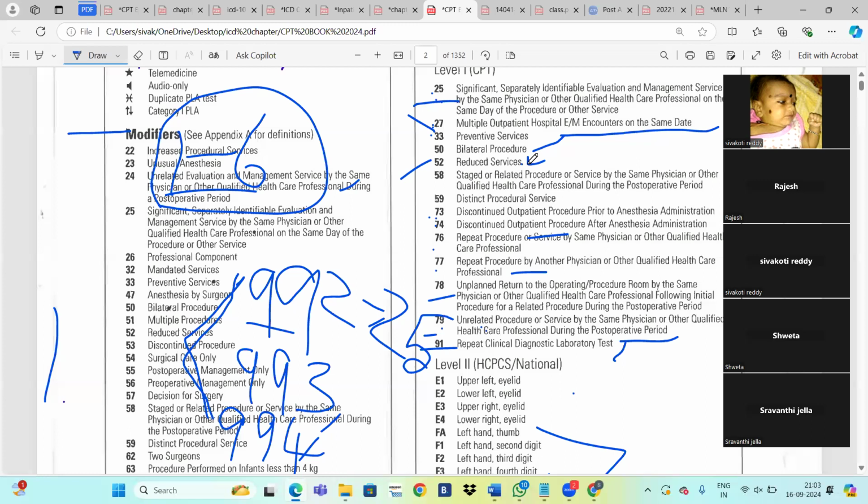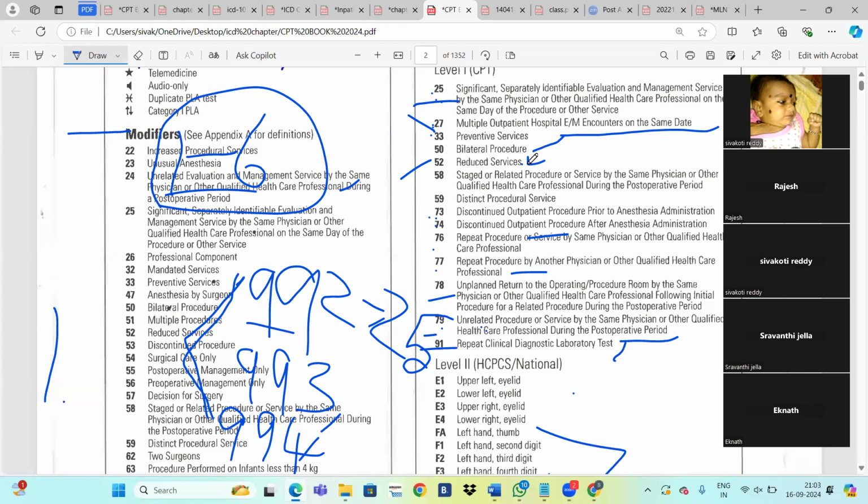Suppose the description states bilateral, but they did the same procedure unilaterally. Then you will use RT or LT, or you will reduce the service. You need to reduce the service now. The CPT description states bilateral, but they performed it unilaterally.